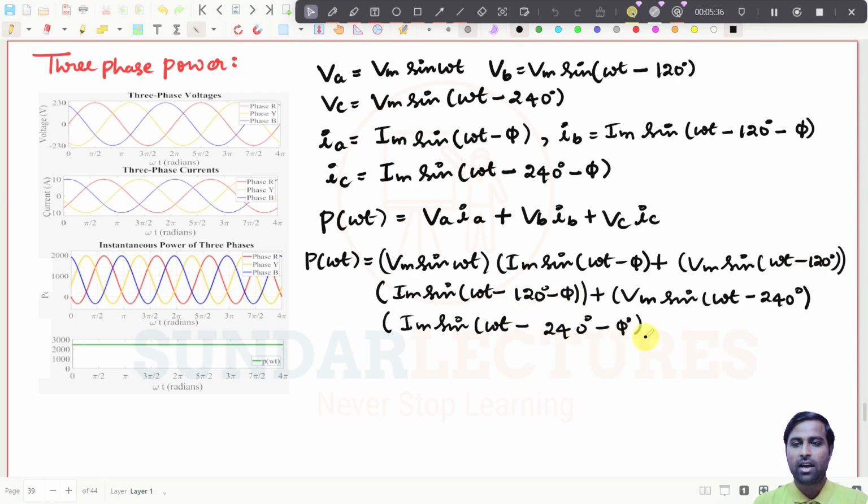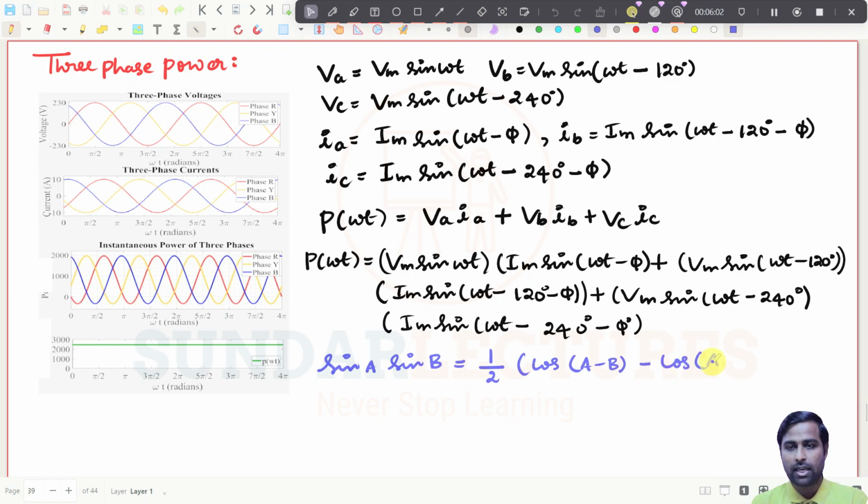So it will be the sine A sine B formula. What is the formula for sine A sine B? It is 1 by 2 into cos of A minus B minus cos of A plus B. Just use these formulas in this expression and you will get the final expression.